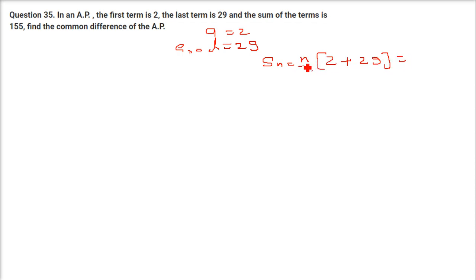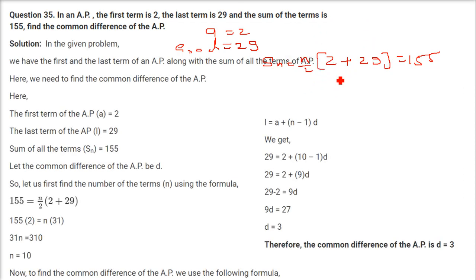Sn equals n by 2, A plus L, is 155. So you can easily find out n from here. n will be equal to 155 into 2, and 2 plus 29, 31 comes here. So when you solve it, n is going to be 10, because 5 twos are 10. n is 10.